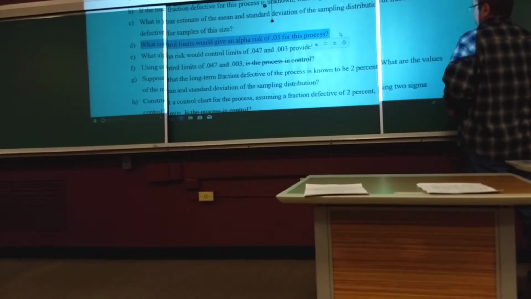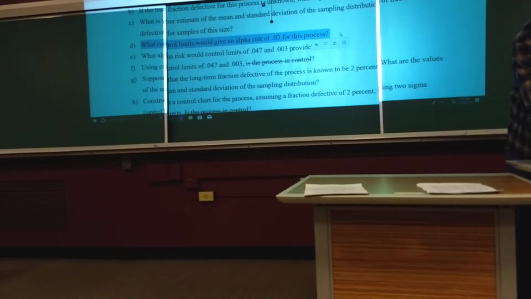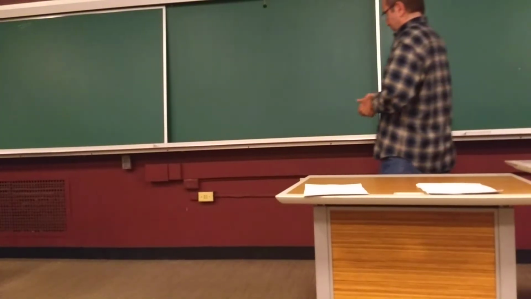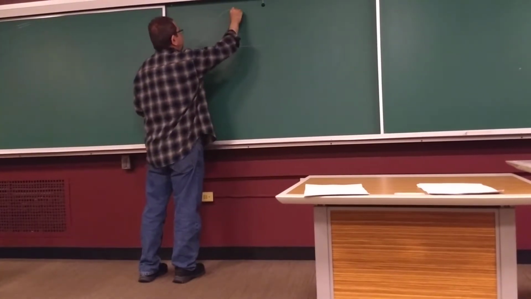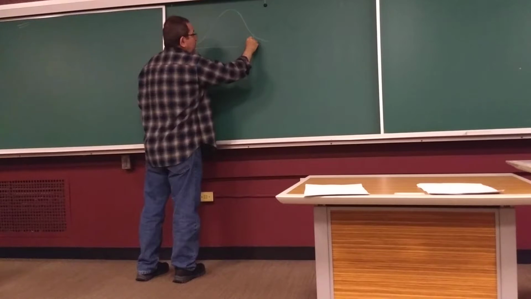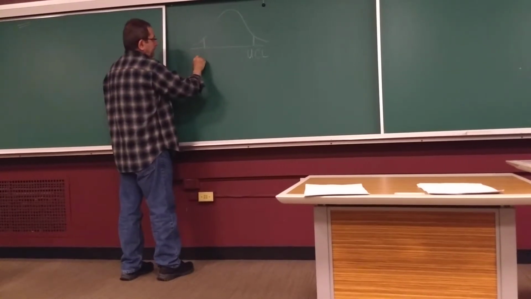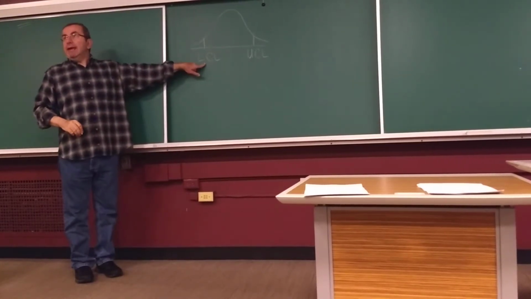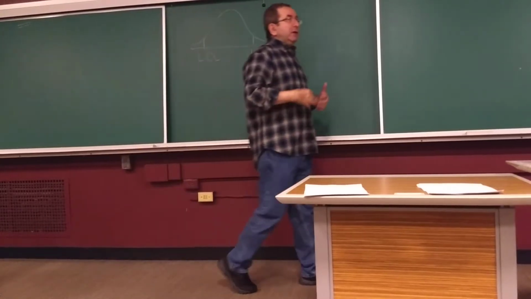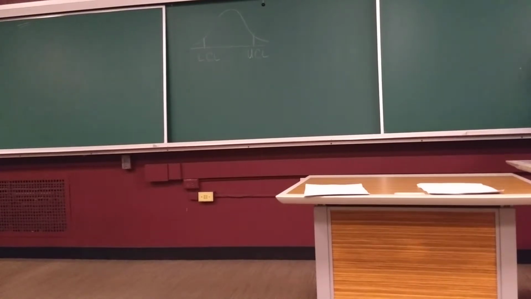So the question is, which upper and lower control limit would give us alpha risk of 0.03.